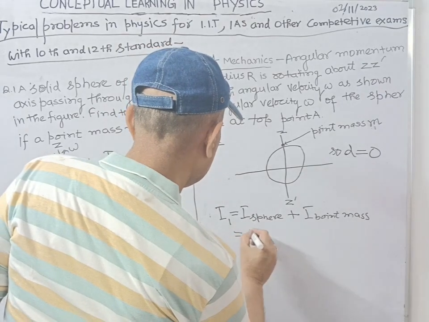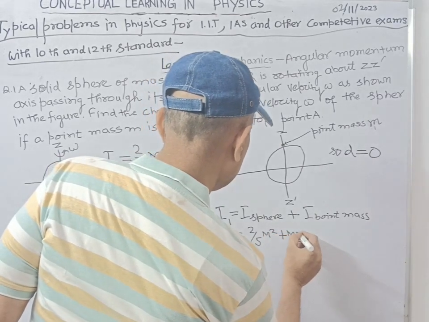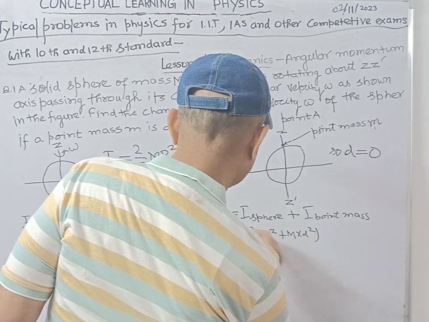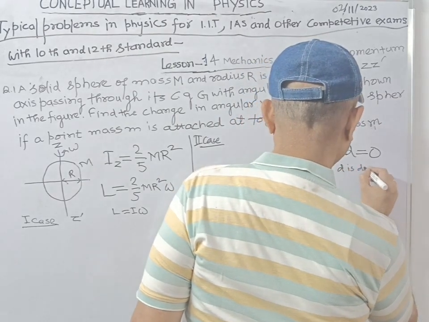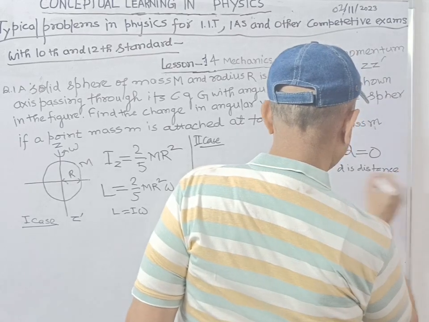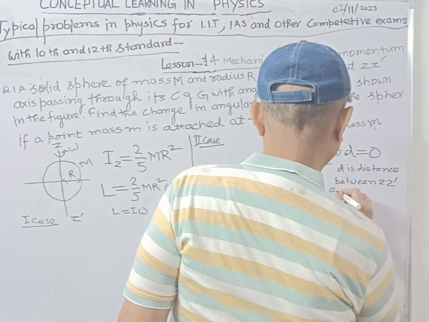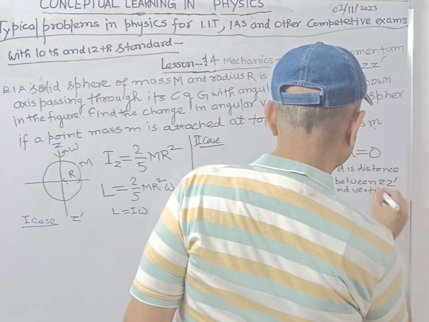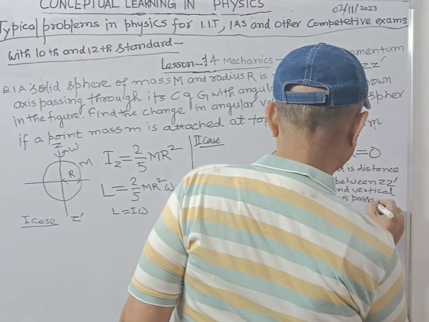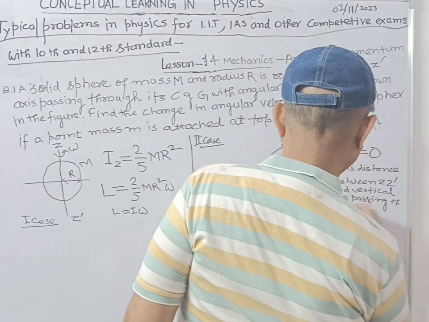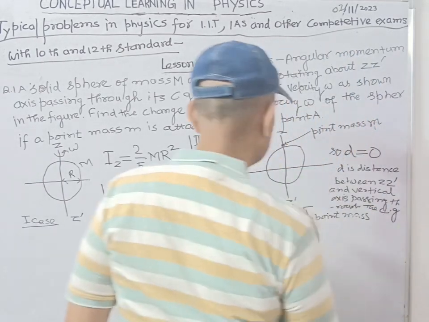This is equal to 2 by 5 m r square plus m into d square, where d is the distance between z' and the vertical axis passing through the CG, that is G.